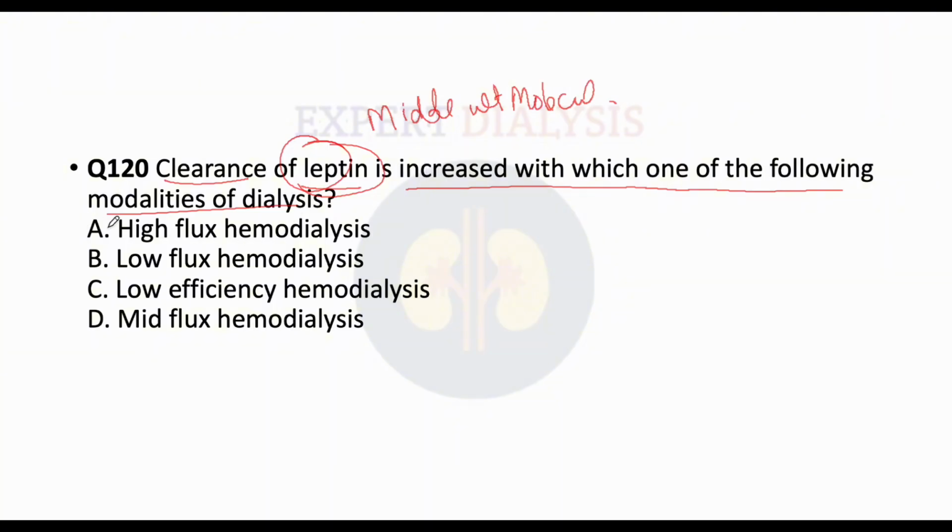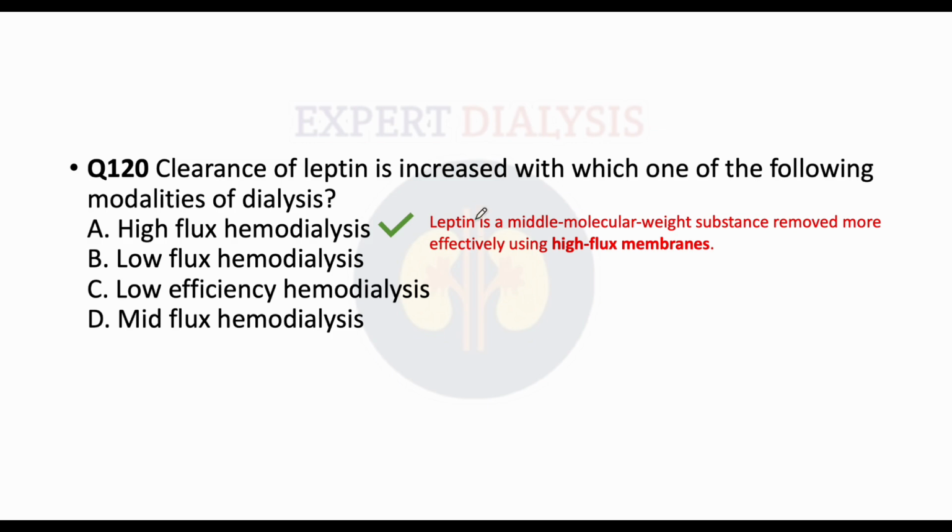So the best modality to remove it, will it be low flux hemodialysis? No. Will it be low efficiency hemodialysis? No. Middle flux might be, but not generally. High flux dialysis is the most relevant option here. So here leptin is a middle molecular weight substance removed more effectively with high flux membrane.